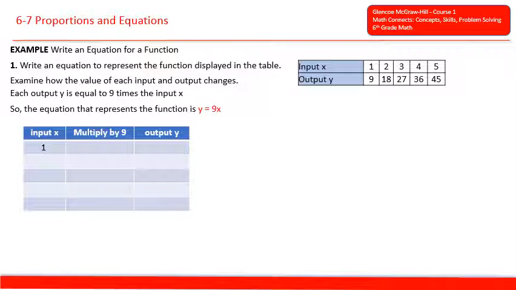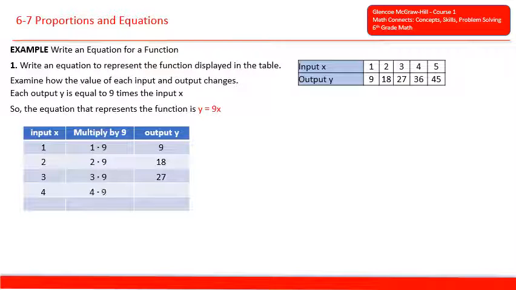So x is 1. 1 times 9, or x times 9, equals 9. X is 2, so x times 9, or 2 times 9, equals 18. If x is 3, x times 9, or 3 times 9, equals 27.